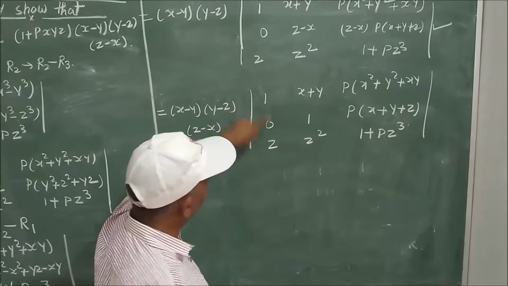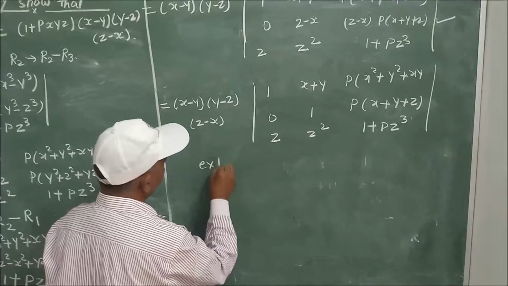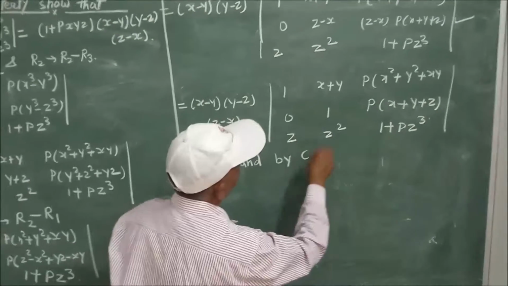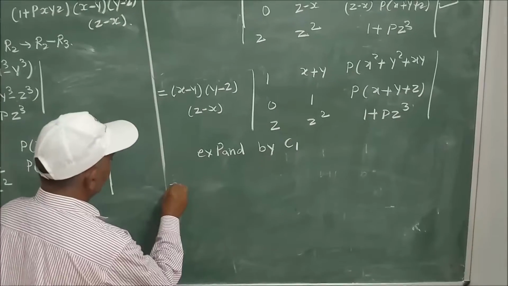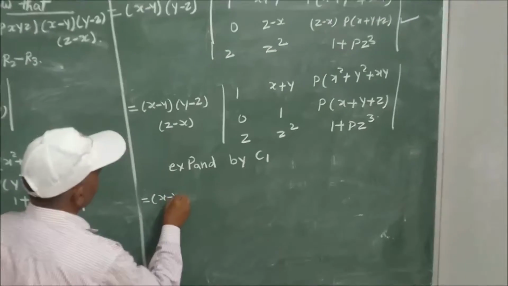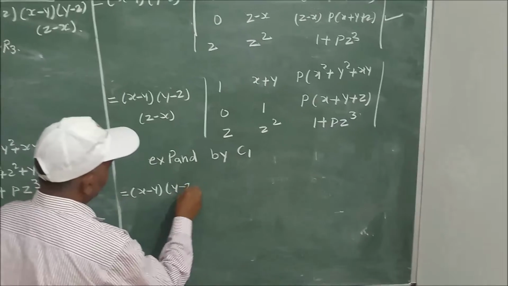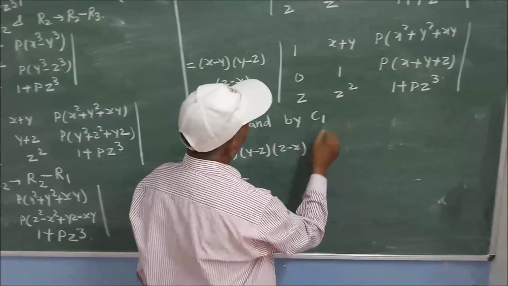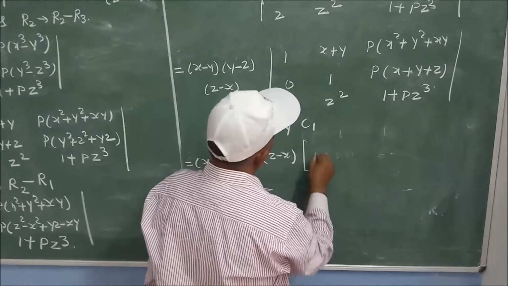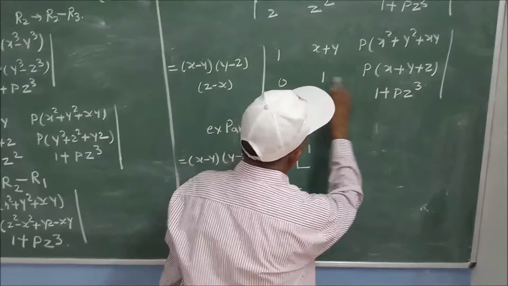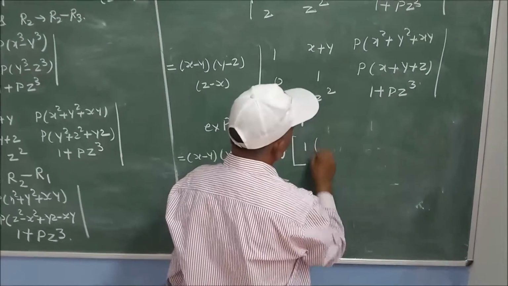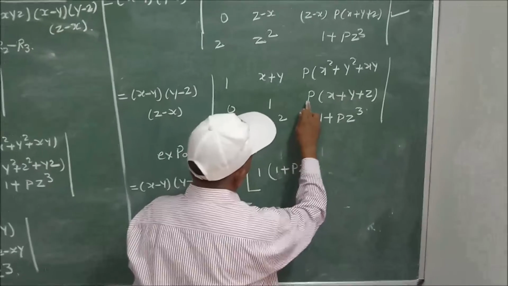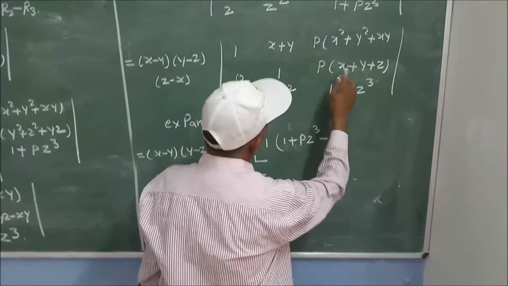So if you expand it by C1, then what happened? This can be written as x minus y minus z into z minus x into, if you solve it, this can be written as 1 into these two terms, multiply these two terms. So you can write 1 plus pzq minus p multiplied pz square to this term.